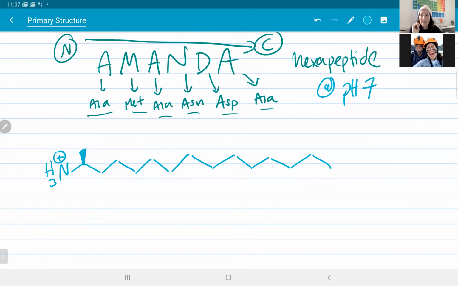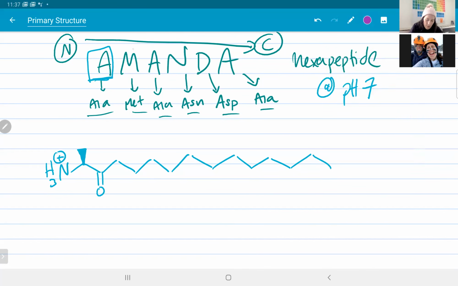And alanine is a simple methyl group. I'm not going to write CH3 because that just starts to muck up my structure. So I'm just going to leave it there, right? It's understood that if this wedge is coming out at us, there's a methyl hanging at the end of it. Then I'm going to have my C terminus. Okay. So there's my A.